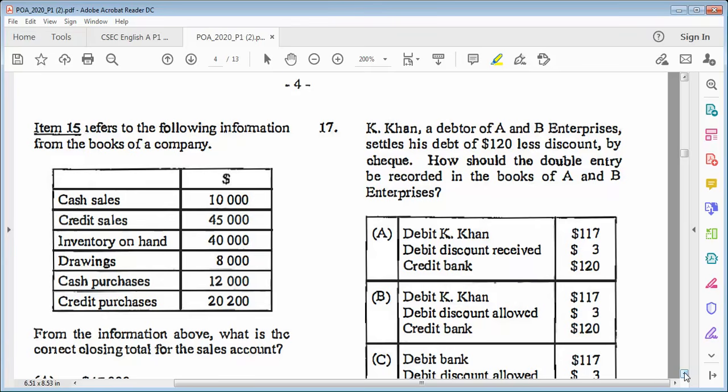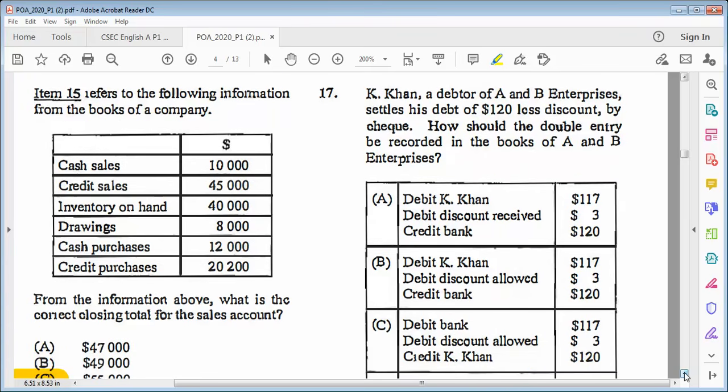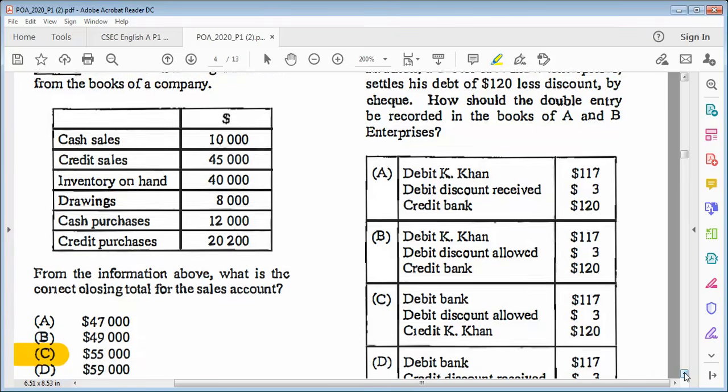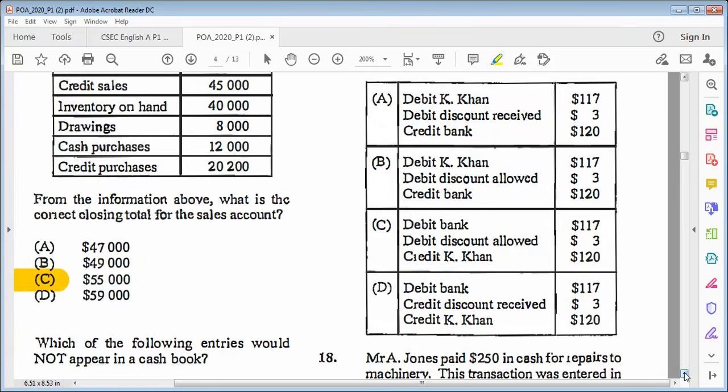Our answer options: A, debit K-Can $117, debit discount received $3, and credit bank $120. B, debit K-Can $117, debit discount allowed $3, credit bank $120.